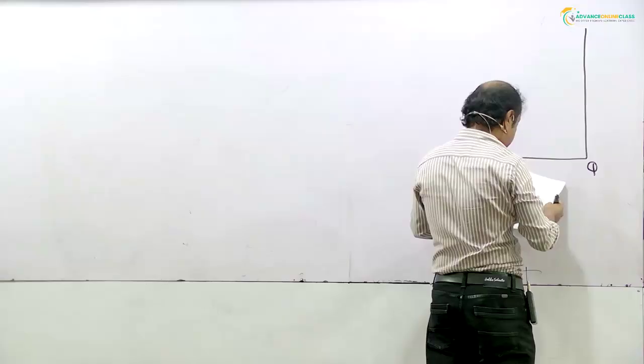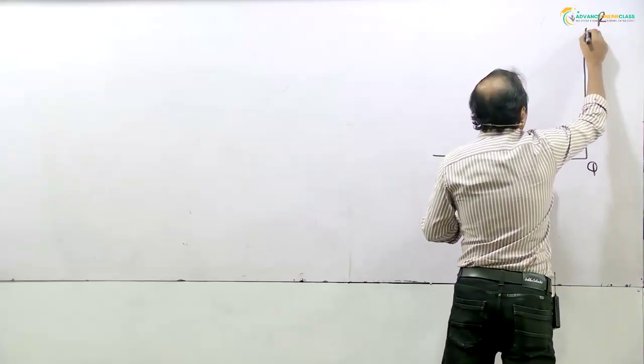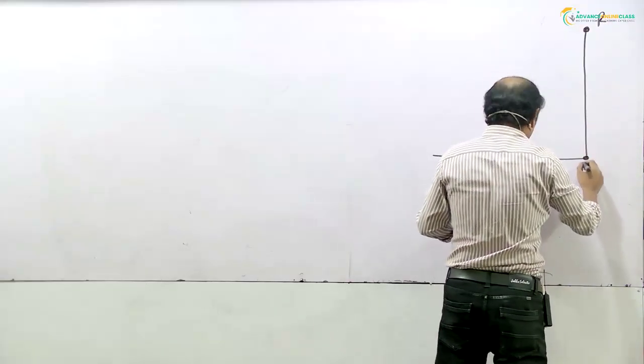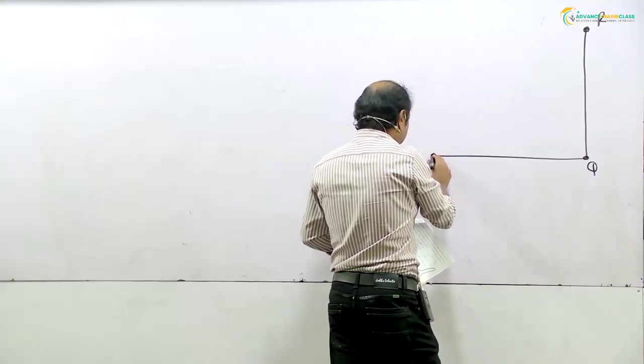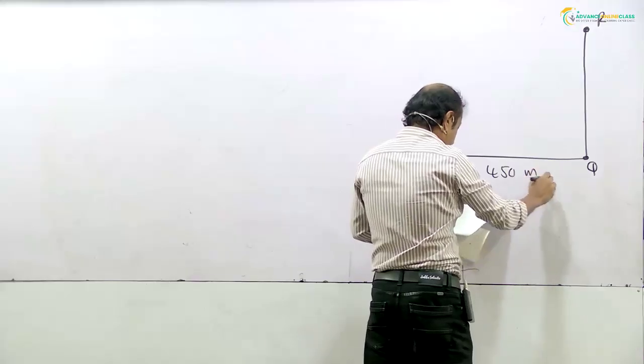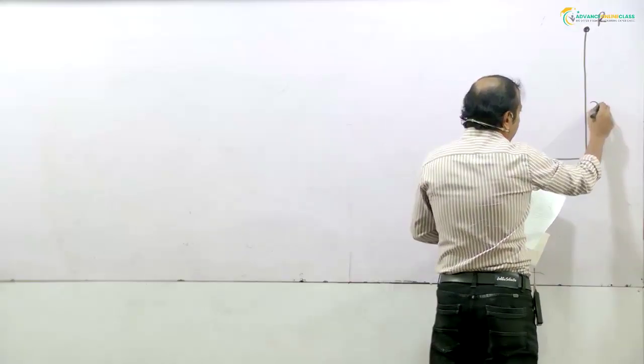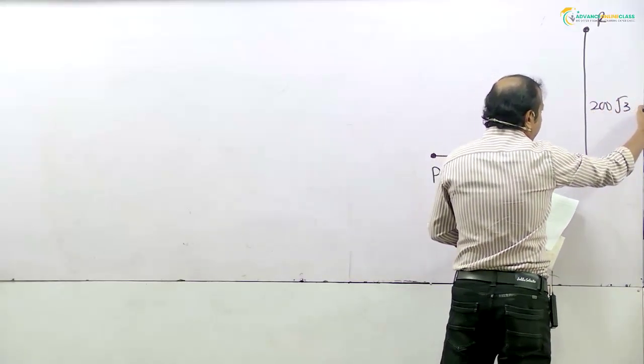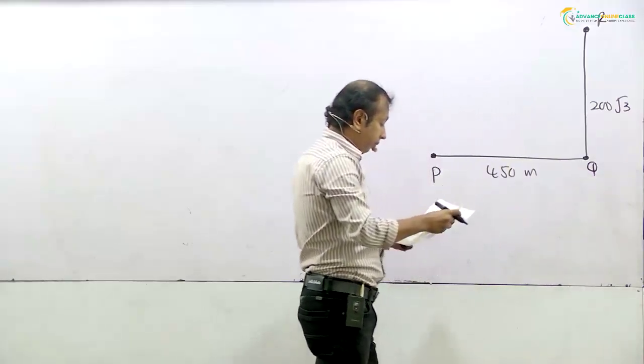Here Q, here R. This is P. This is 450 meters, and this is 200 root 3 meters.